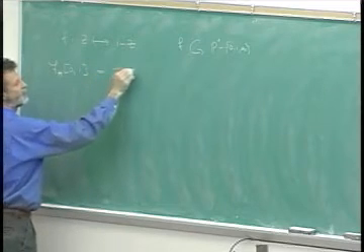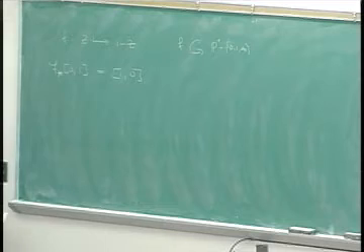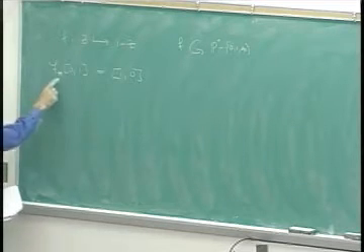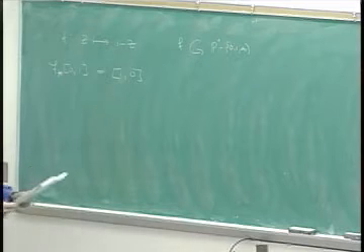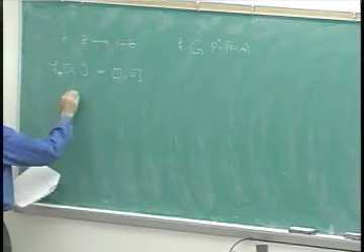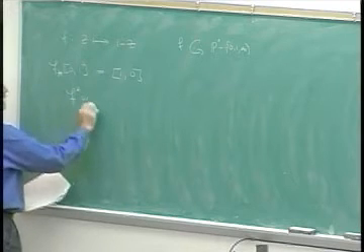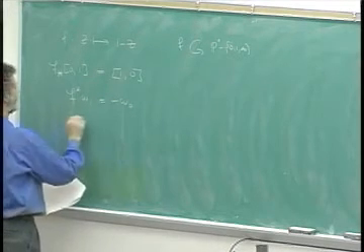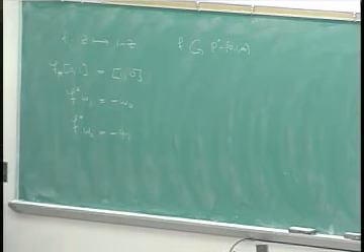It's the path 1, 0. So for me, the path AB means the linear path from A to B. So this is the path from 0 to 1, and this is the path from 1 to 0. And you can also check that f star of omega 1 equals minus omega 0, and f star of omega 0 equals minus omega 1.